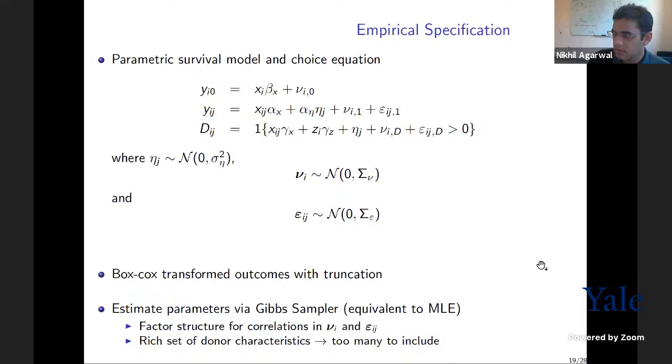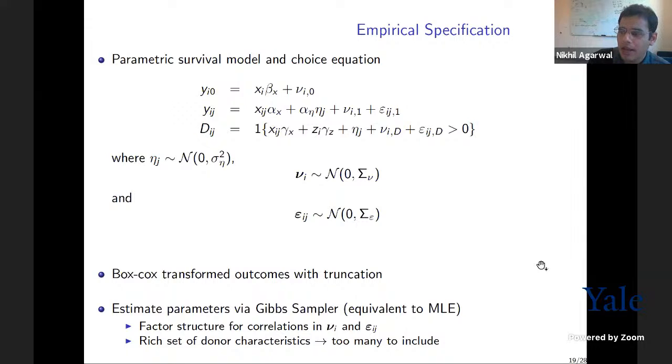Yeah, so the unobservable that we're assuming does not evolve over time is only patient dependent. Is that right? Yeah, so in the decision model, there are two unobservables, nu_i and epsilon_ijd. Nu_i is not time varying.